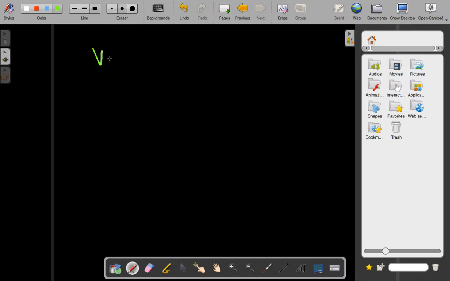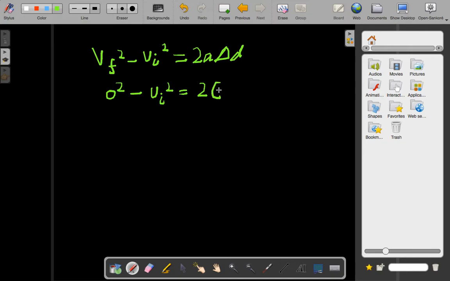Vf squared minus Vi squared equals 2a delta d. Vf squared is 0. Vi squared is what we're trying to find. 2 times a, which is negative 7.84, and delta d is 18.7 meters.